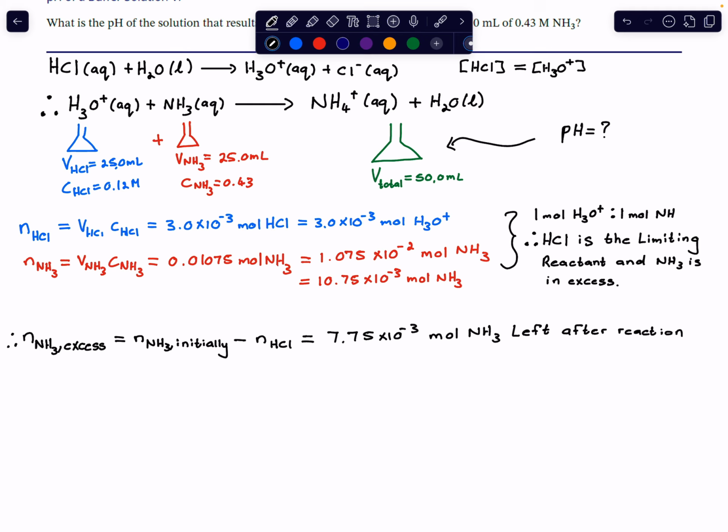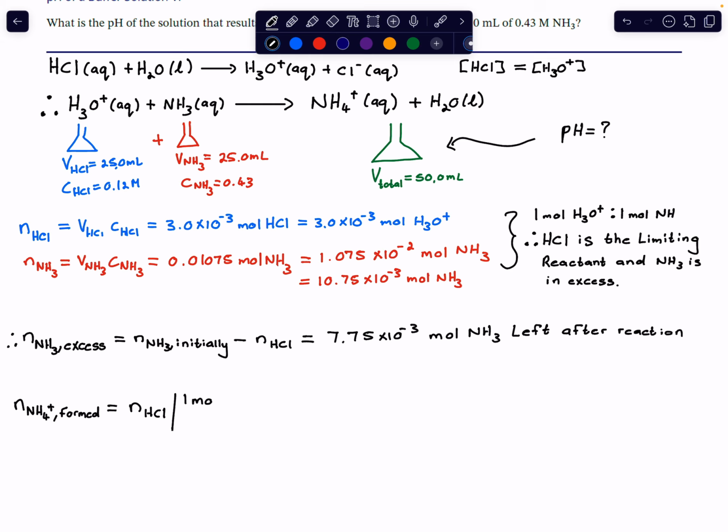Now the second question is, what of the product? There's of course ammonium that forms. So how much ammonium forms? The amount of ammonium that forms is always dictated by the limiting reactant. So the amount of NH4 plus formed is equal to the amount of HCl multiplied by the stoichiometric ratio.